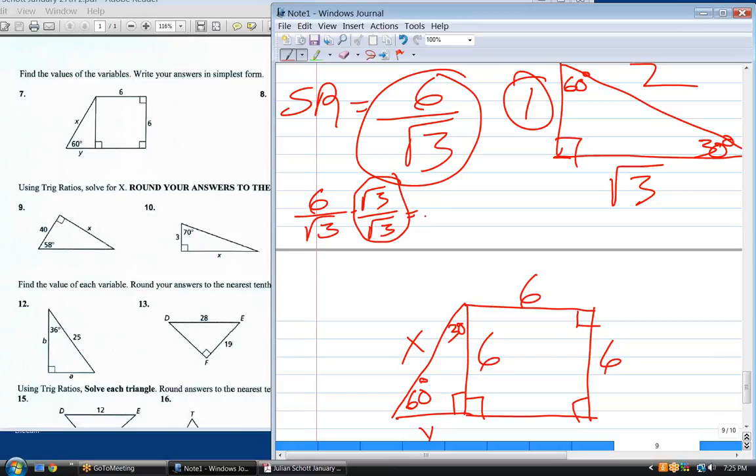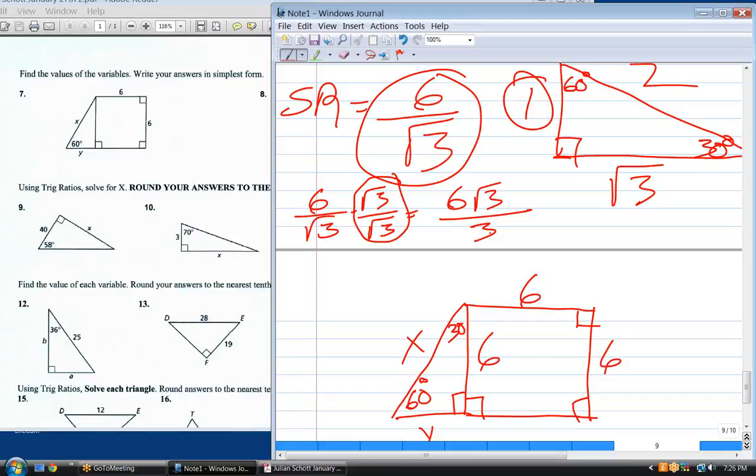What's 6 times root 3? That's what 6 root 3 means. It's 6 times root 3. Okay. What's root 3 times root 3? 3 root 3? No, just 3.